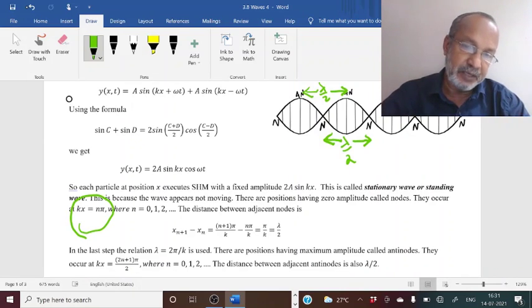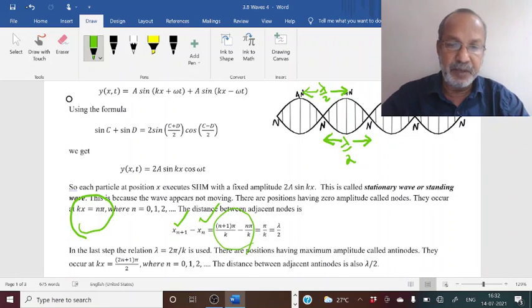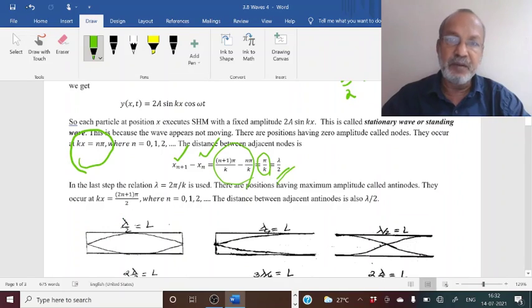Suppose the n plus 1th node occurs at x(n+1) and the nth node occurs at xn, then the distance between the nodes is x(n+1) minus xn. So substituting the values here, we get the distance between nodes as pi by k, and k is equal to 2 pi by lambda. Substituting that, you will get the distance between adjacent nodes as lambda by 2. Similarly, we can prove that the distance between adjacent antinodes is also lambda by 2.